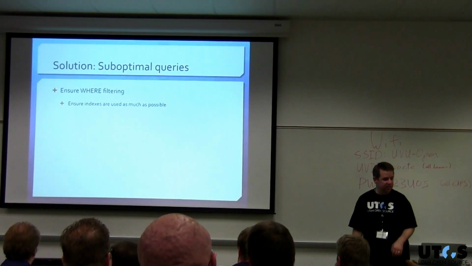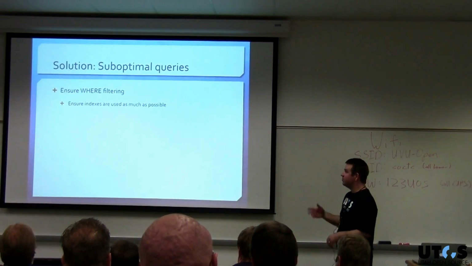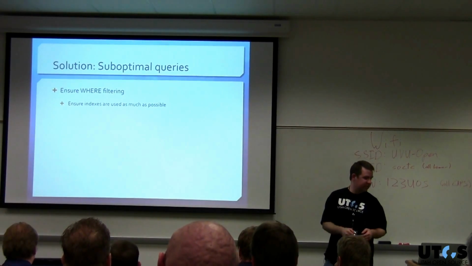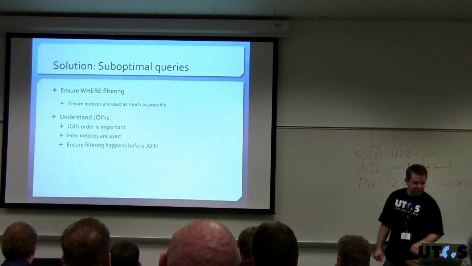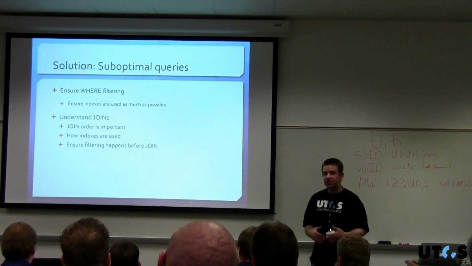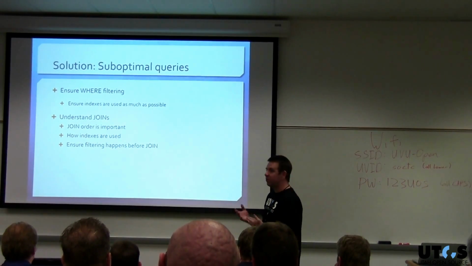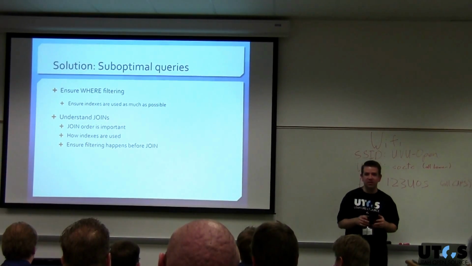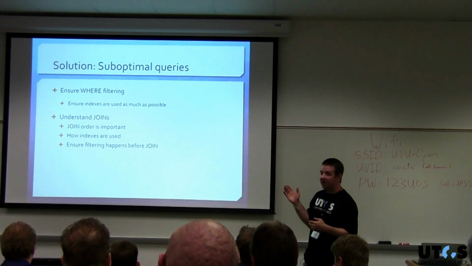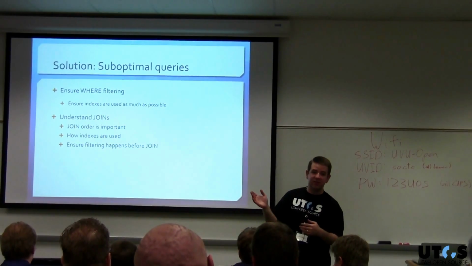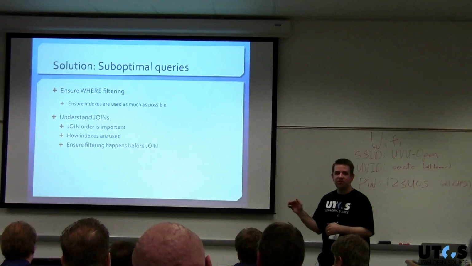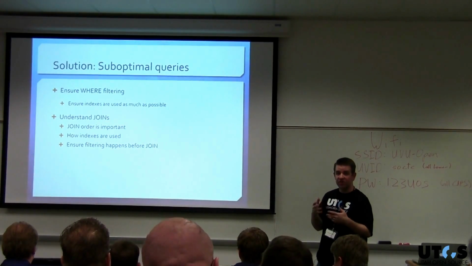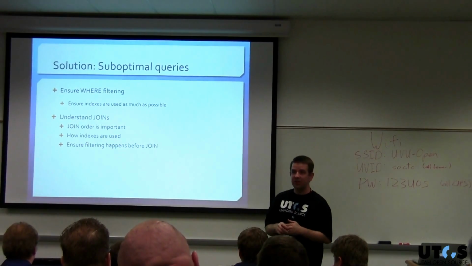Okay, so solutions to your suboptimal queries. Like we talked about, ensure your where is filtered properly and you're using indexes. Understand joins. There are a lot of developers who have a passing knowledge of SQL and really don't know how to join properly. Understanding joins will make a huge difference in understanding how to optimize your SQL.